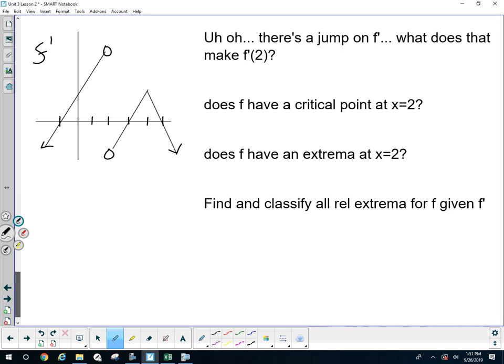Last one. I'm going to go back and do the other algebraic ones. I've got a jump at 2. What does that make f prime of 2? Undefined. Beautiful.